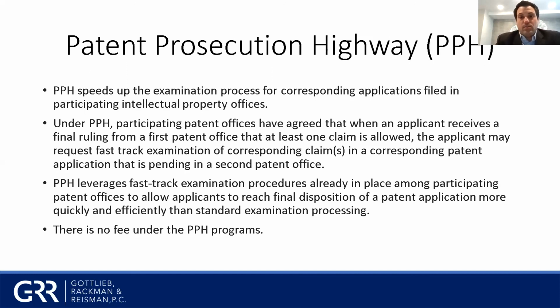If you were able to get at least one claim allowed in the U.S., you can use that allowance to try to get a so-called fast track application, say in Europe, for the same application. What this means is that the examination is leveraged from the U.S. in Europe, so that the examiner in Europe now has all of the details of what happened in the U.S.